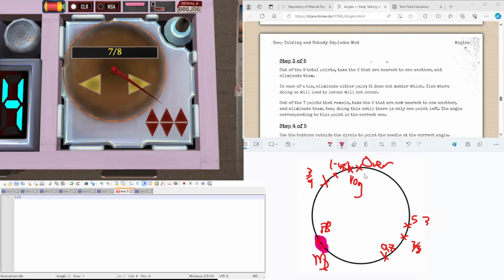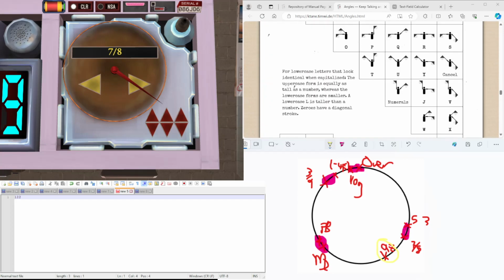Looking at the ones that we have left, seems like it's these 2. Then these 2. And then these 2. So my current theory is this is the one we're going for. The Gangnam one.